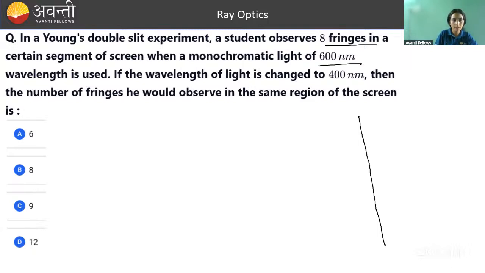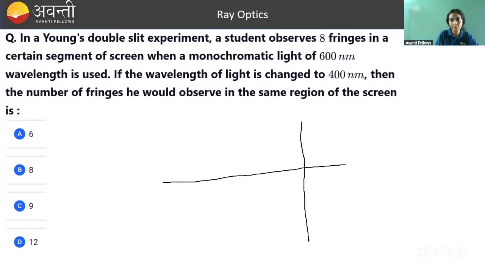So if you are getting 8 fringes in a certain region, Sasank, not correct. Maybe you're not taking it. Okay, let's check the solution. So here is the screen, and let's say this is O. In one space, let's say in this space, 600 nanometer wavelength is getting 8 fringes.